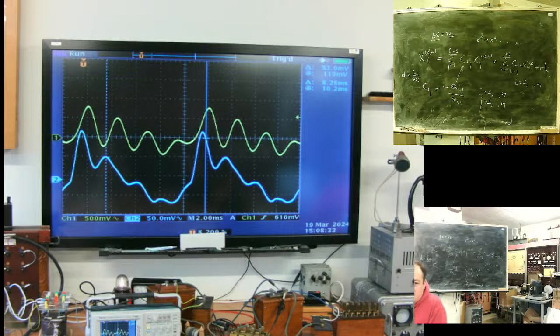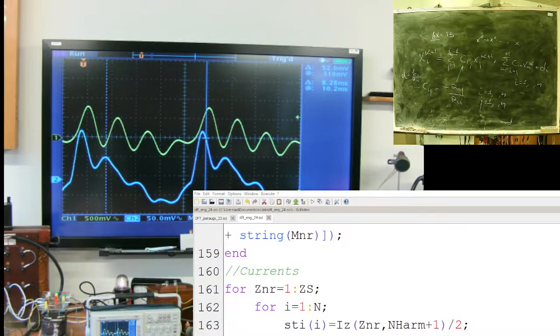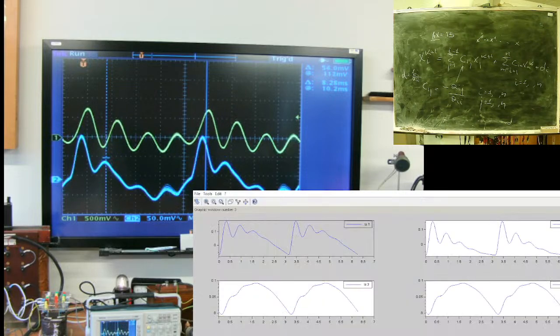Yellow line is the voltage from the third node, this one. Wait 1 second, I need to do something. Oh.